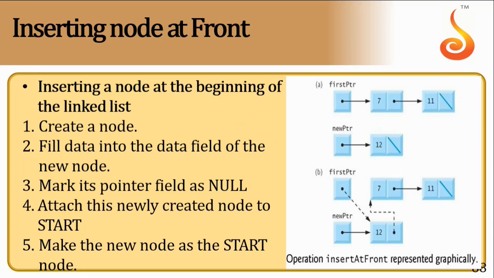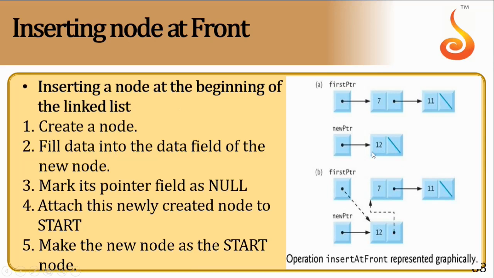So node 1 has 7 in the information part and node 2 has 11, and this dash means it is pointing to null. So the link part of the last node points to null, and the first pointer is a pointer which points to the first node in the list. The first pointer need not be named first pointer, it can be start also or head also, whatever name you want to give. So that is pointing to the first node.